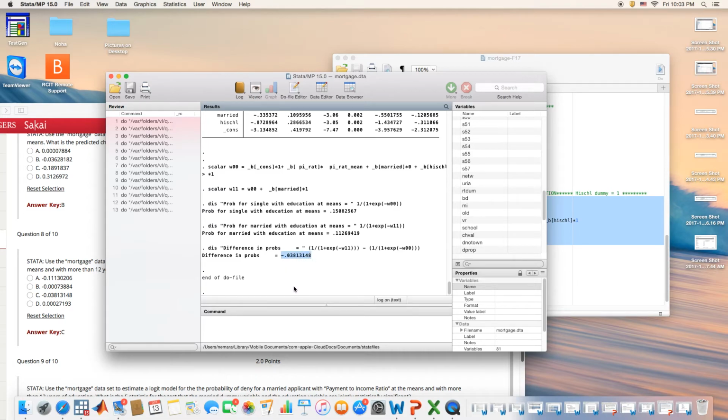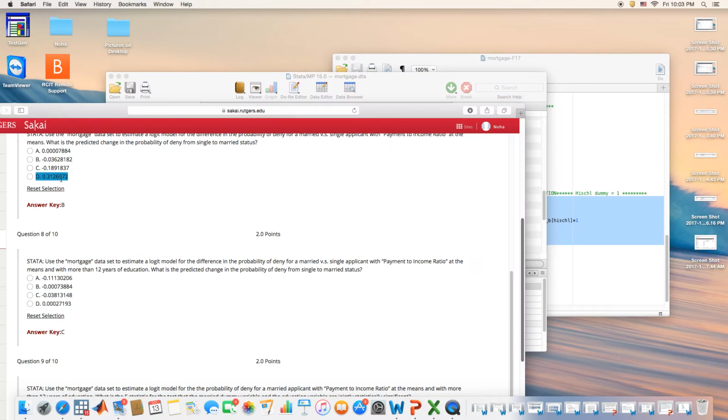As I told you, you would expect the drop to be even bigger than the previous case. The previous case was about 3.6%. Now it's 3.8%, a slightly higher number. So education matters, right? If you have education, the probability of being rejected decreases. From single to married both decrease, but the jump between single and married gets more negative, a bigger drop.